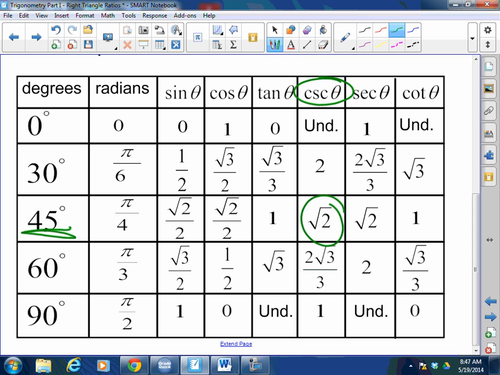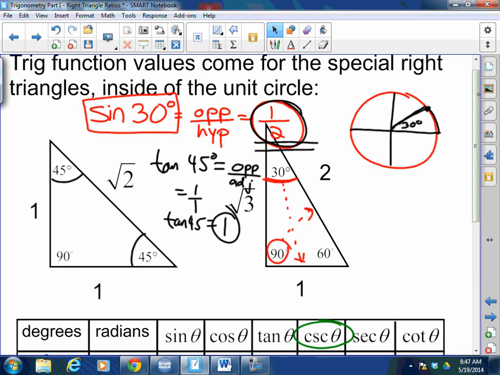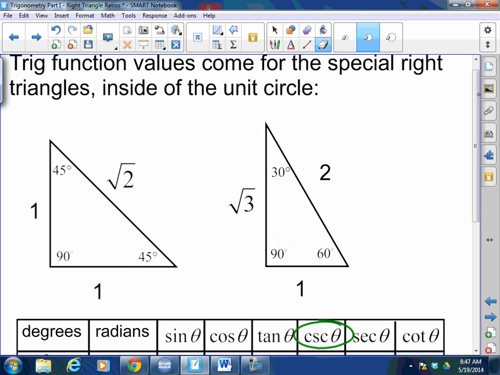You ready? I want the cosecant of 45. At this point in time, all you need to do is memorize these two triangles. If I have memorized these two triangles, I said I want the cosecant of 45 degrees. Well, the cosecant is the reciprocal of the sine, correct?